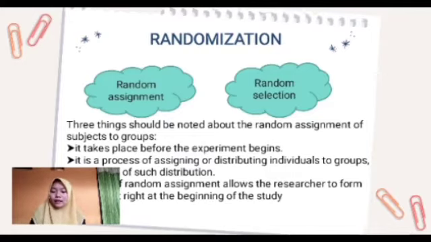This means that you cannot look at two groups that have already been formed and tell just by looking whether or not they were formed randomly. And third, the use of random assignment allows the researchers to form groups that at the beginning of the study are equivalent, that is, they differ only by chance in any variable of interest.